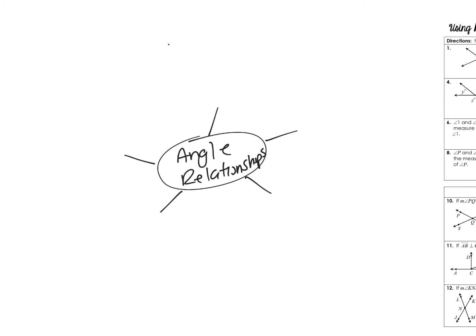And the first one is vertical angles. Vertical angles are 2 angles across from each other on intersecting lines.